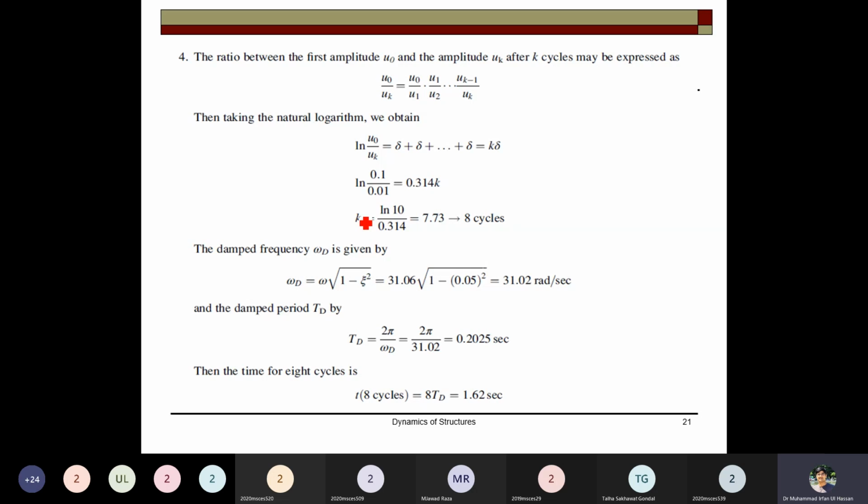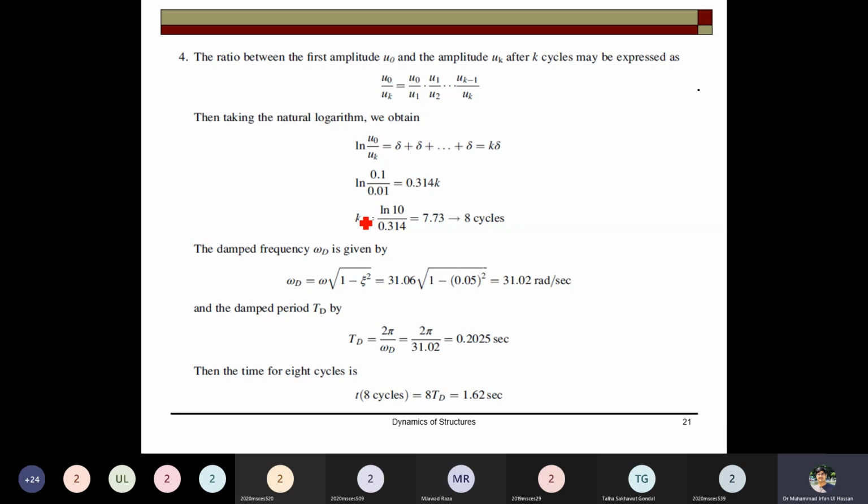You can directly use this expression also that we used in the previous one, this one. If you know the zeta value, you can determine the n value here, that is, how many vibrations are needed to reach that level of displacement.